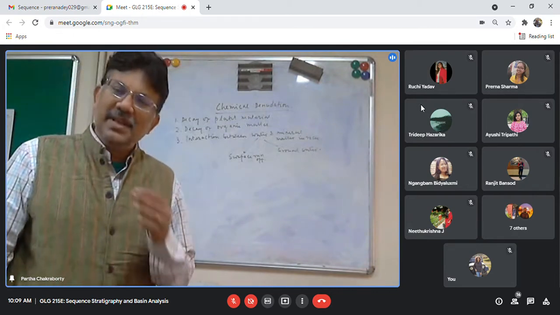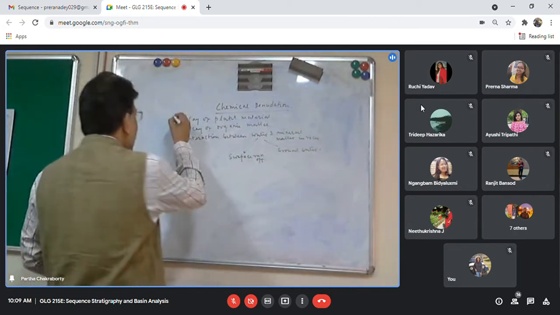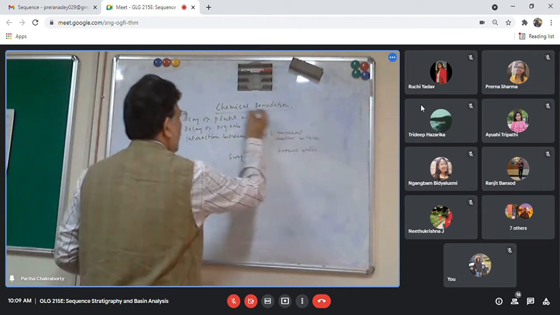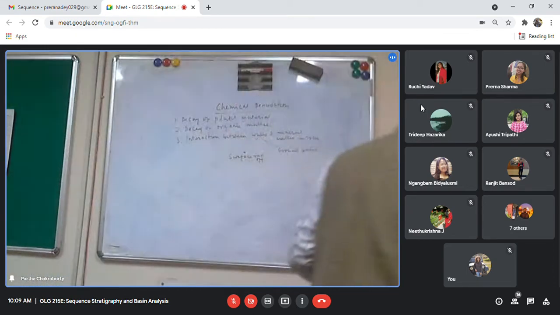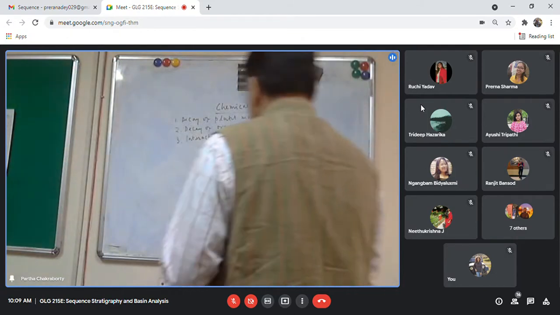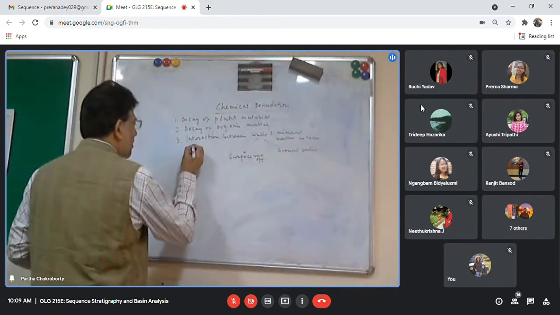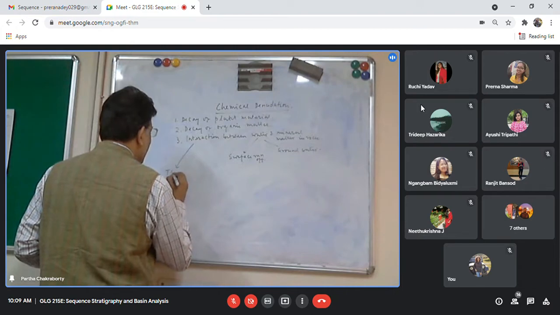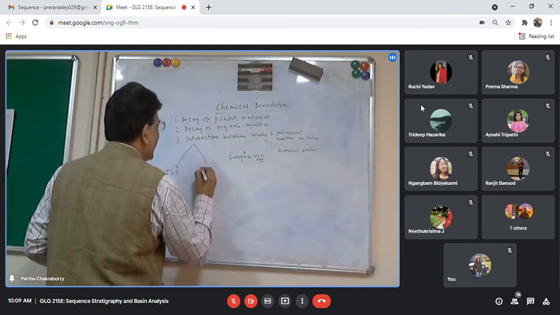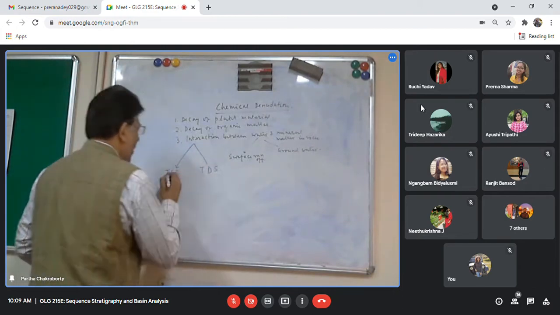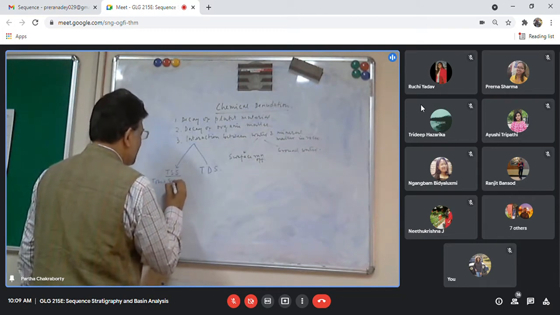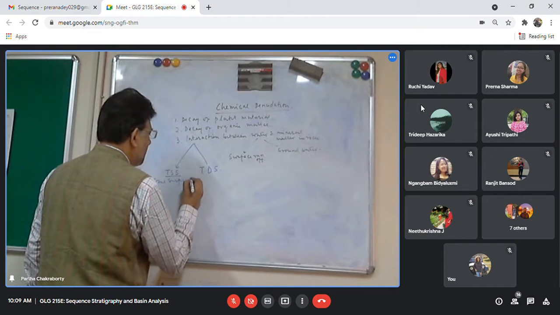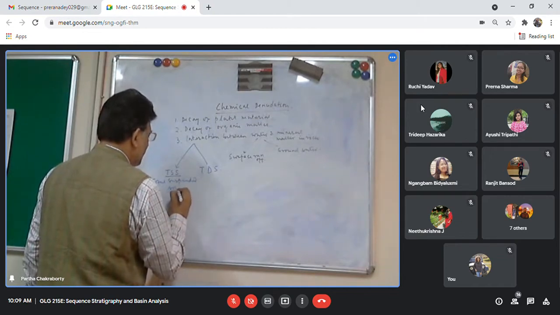So what is the net result of all this process? The net result of this process is the release of material either as TSS or as TDS. What is TSS? Total suspended solid.